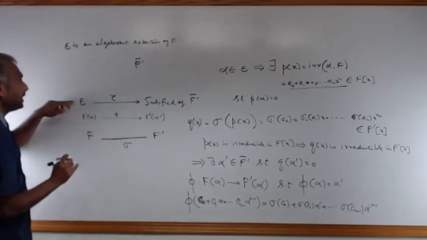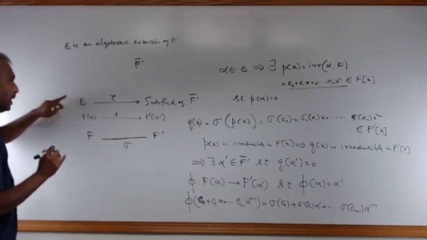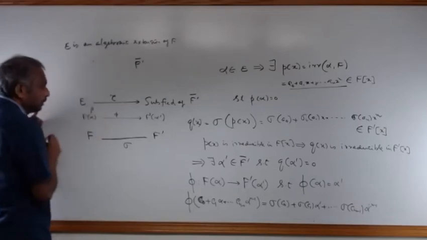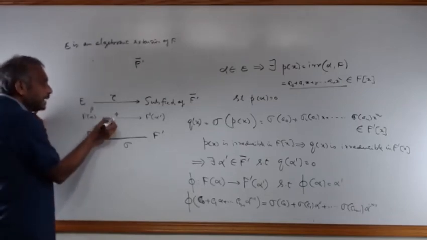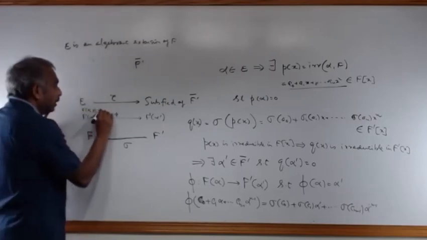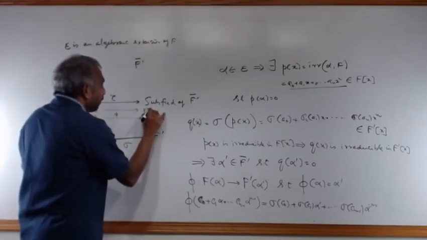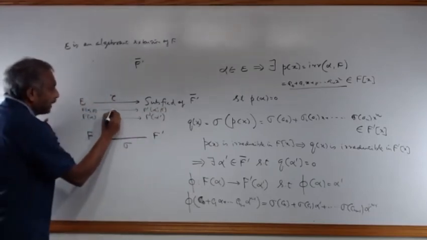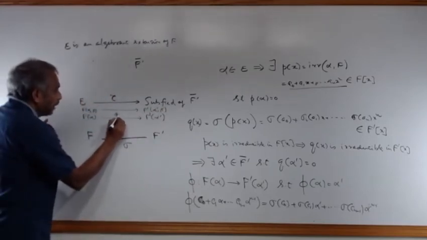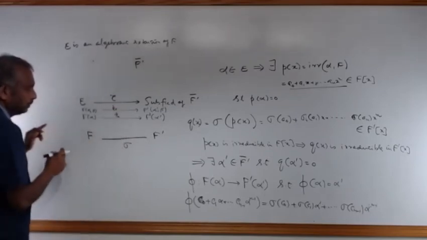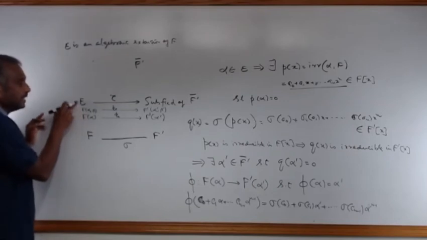But we haven't reached here yet. Suppose we take another beta here and try to extend this phi to F(alpha, beta) to F'(alpha', beta'). With the same logic, we get phi of alpha and phi of beta. But still we are not yet here.